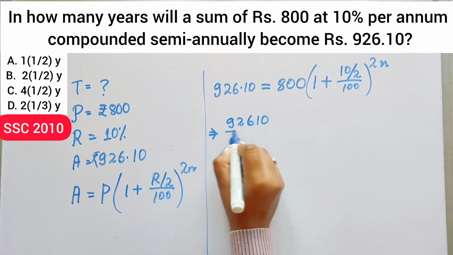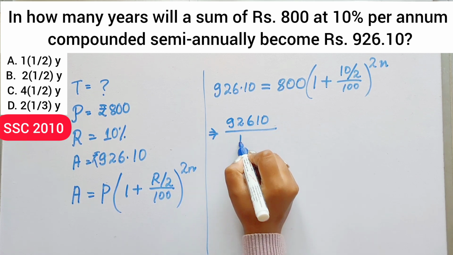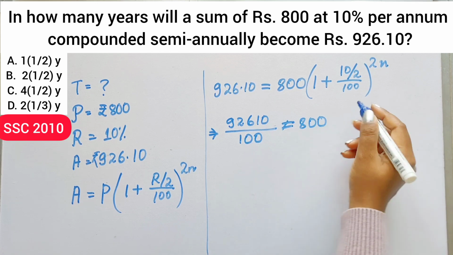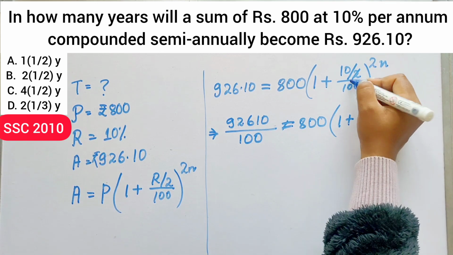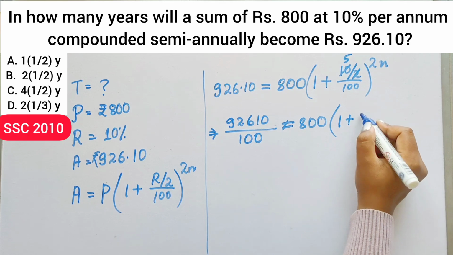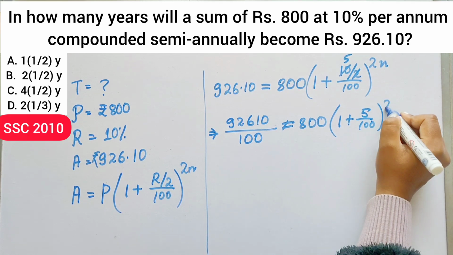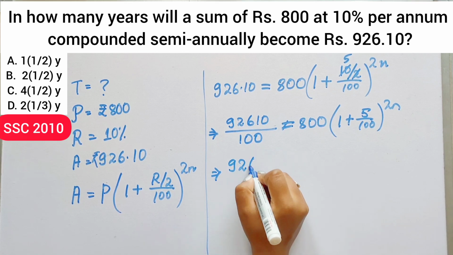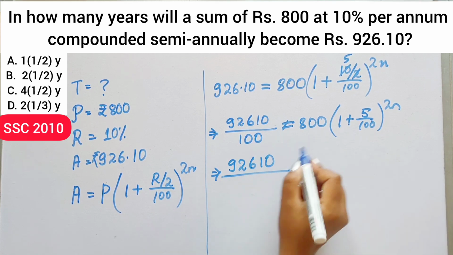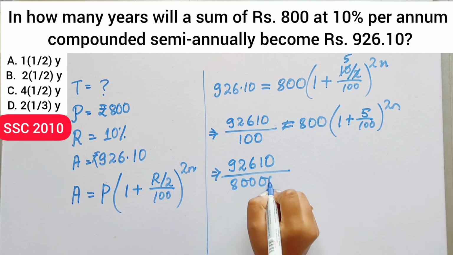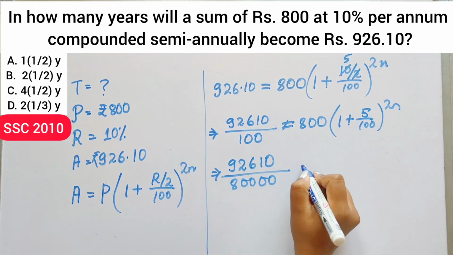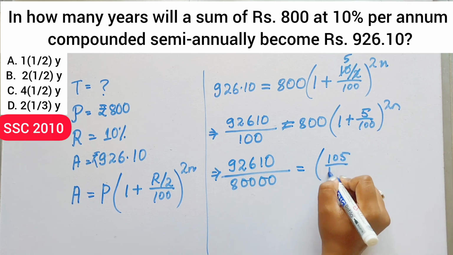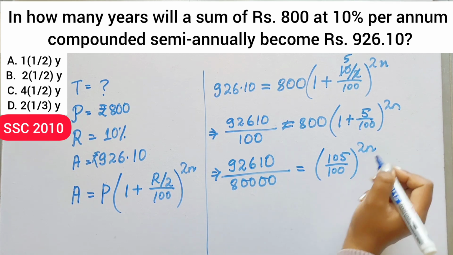So 926.10 divided by 100 equals 800 into 1 plus, this will cancel out, 2 fives are 10, 5 by 100 to the power 2n. We will shift this 100 to the denominator, 800 to the denominator. 100 into 800 is 80000. Now this will become 105 by 100 to the power 2n.